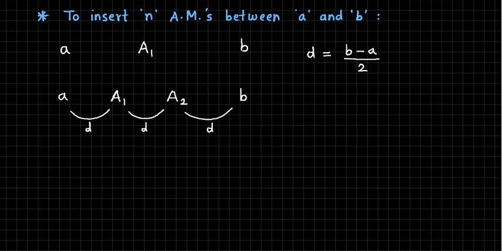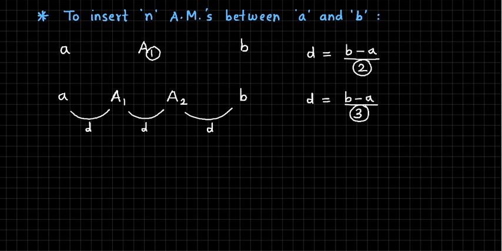So here once again the end-to-end difference is nothing but b minus a, which has to be divided into three parts. So therefore each part must be equal to b minus a whole upon 3. So we can see that if there are two means, then we have to divide by 3. When there was a single mean, we had divided by 2.